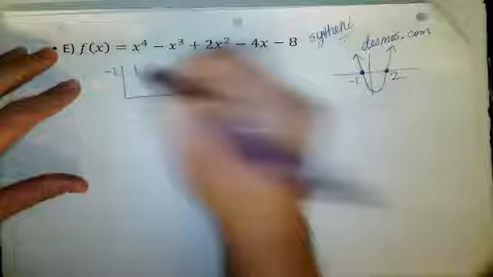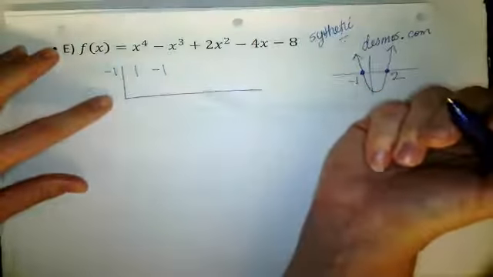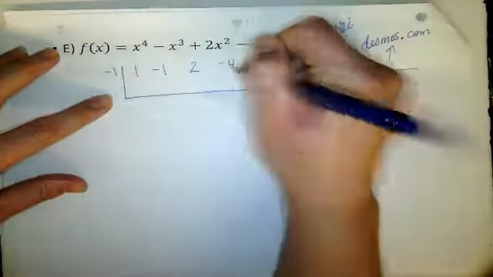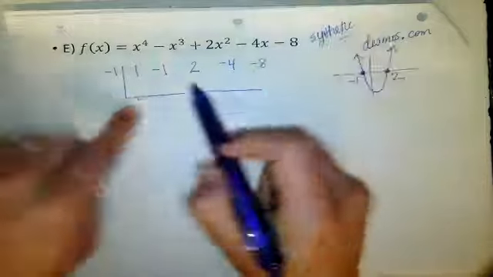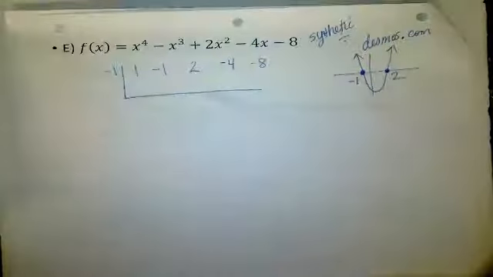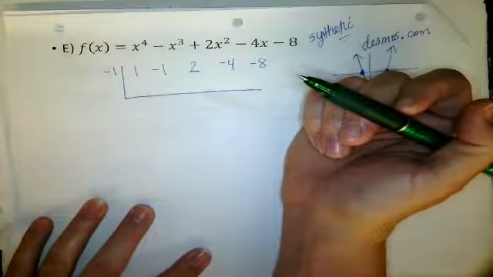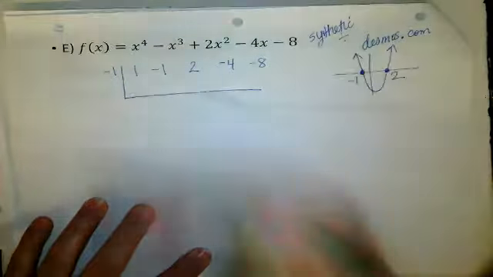So I have 1x to the 4th minus 1x cubed plus 2x squared minus 4x minus 8. So I'm writing down all my coefficients. And then I'm going to do the division. All right, how do I do that? Bring down the 1.